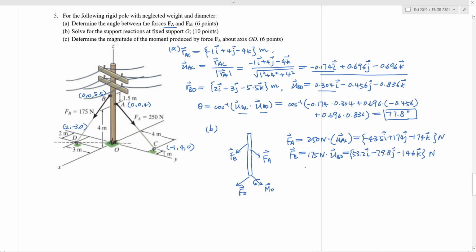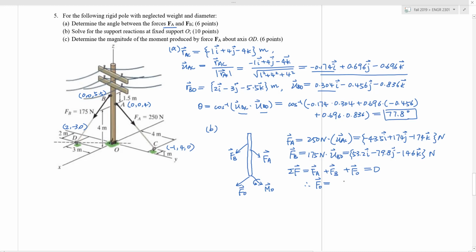And then your resultant force as a vector equals your FA plus FB plus your unknown FO, and that equals 0. So from there, you can solve for your FO as a vector, just doing vector subtraction.